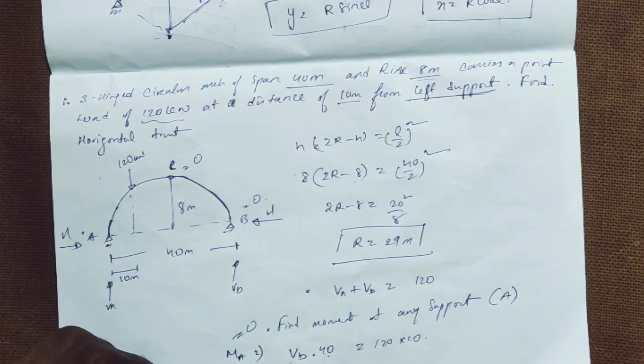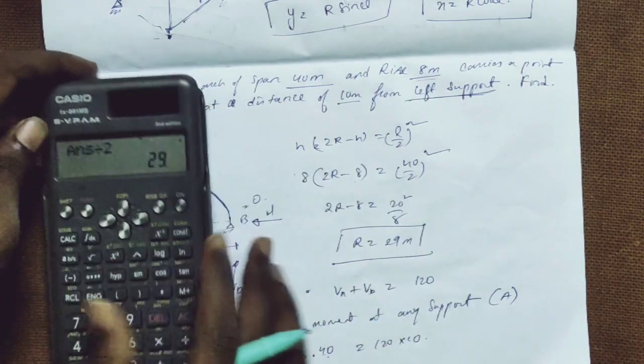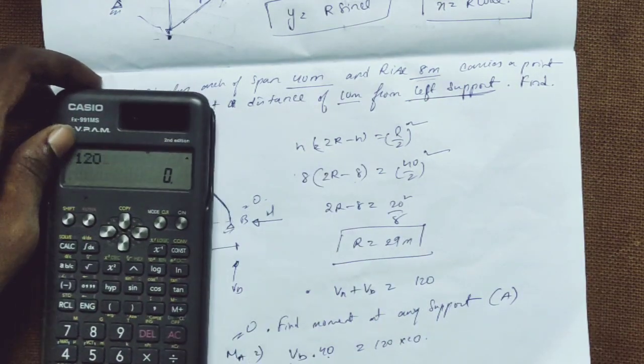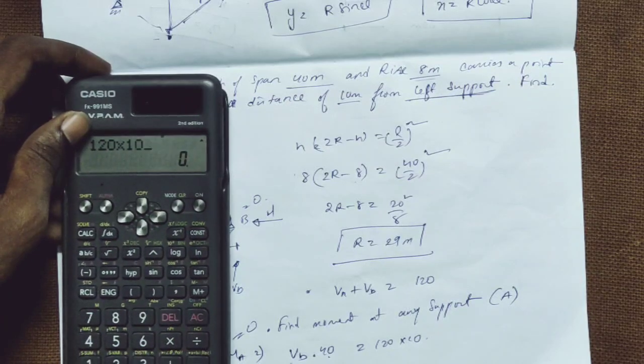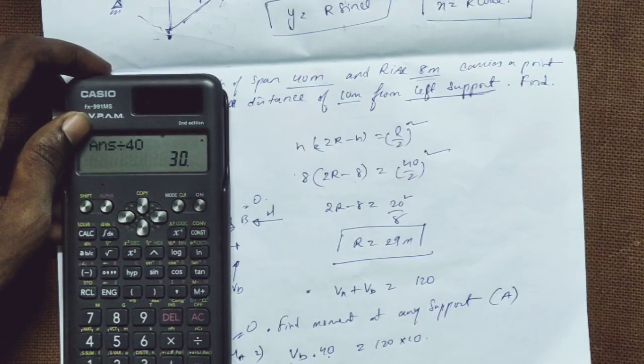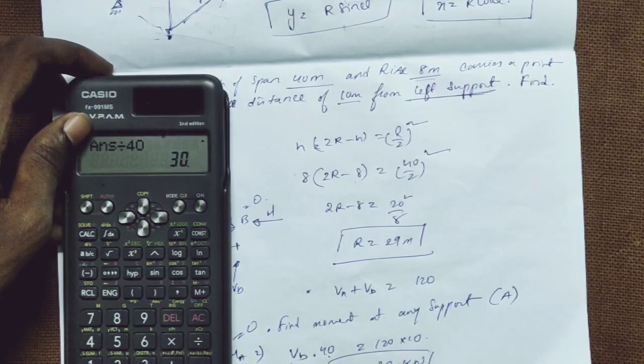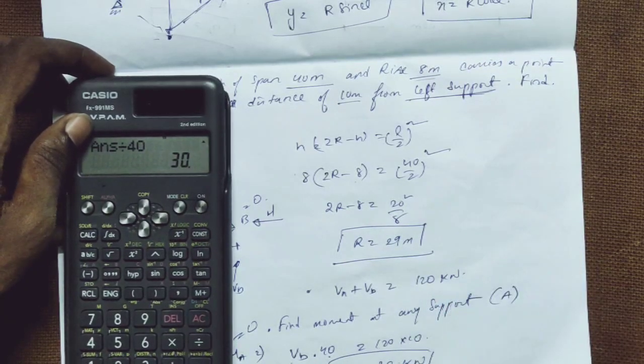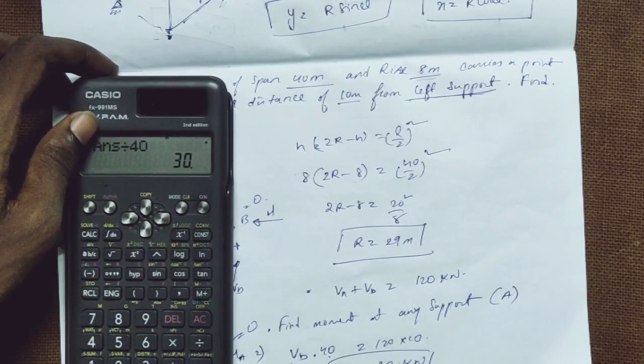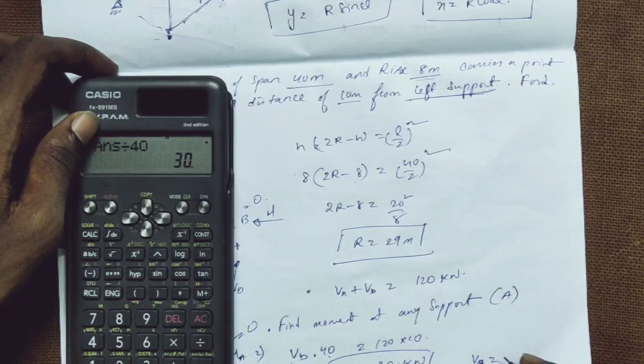So VB equals 120 into 10 divided by 40, 30 kilonewtons. So as VB is 30, VA will be 90 kilonewtons, right?